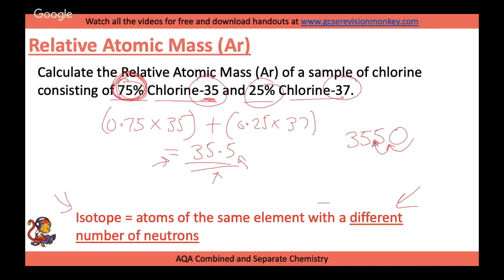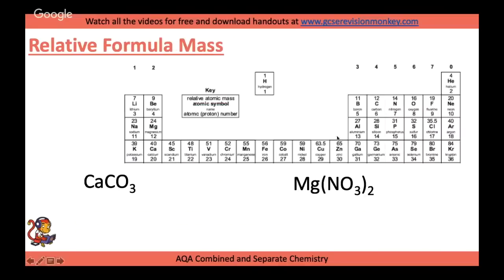Right, the next one is relative formula mass. Really common. They gave you in the exam last year a really tricky one, but this is the basics of it. You have to count how many atoms there are in each compound. So calcium here, there's 1 of them, and its mass is 40.